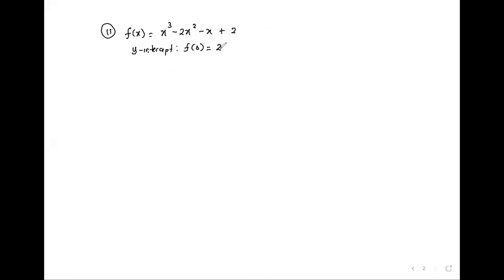So we get 2. That is 0,2. The x-intercept, we equate the function f to 0. So we have x power 3 minus 2x squared minus x plus 2 is equal to 0.